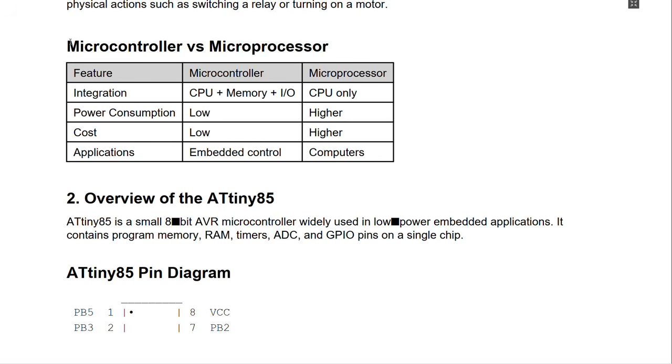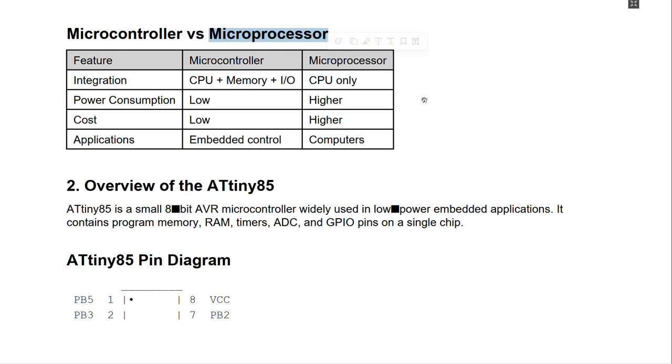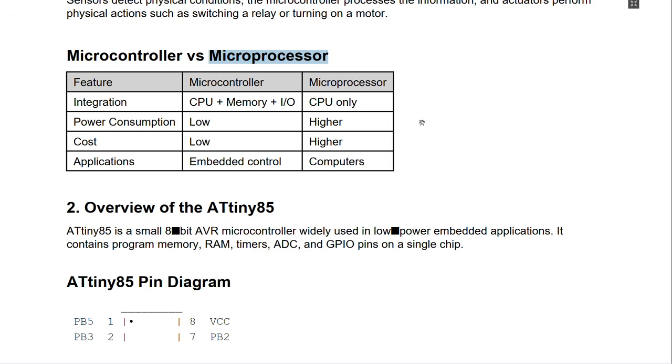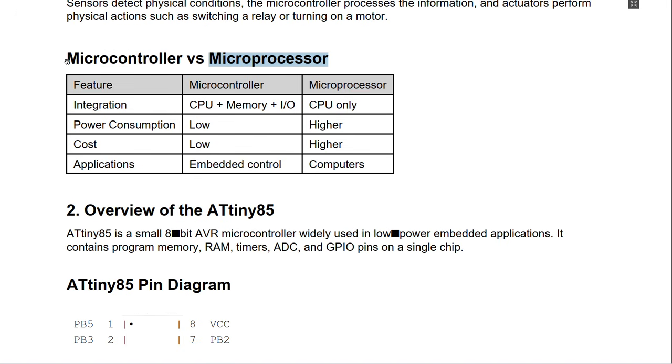Remember I told you embedded systems are not only made of microcontrollers, but also of what we call microprocessors, in advanced embedded systems, intermediate to advanced. Beginner embedded systems could easily comprise only microcontrollers. So it's important to know the difference between a microprocessor and a microcontroller.